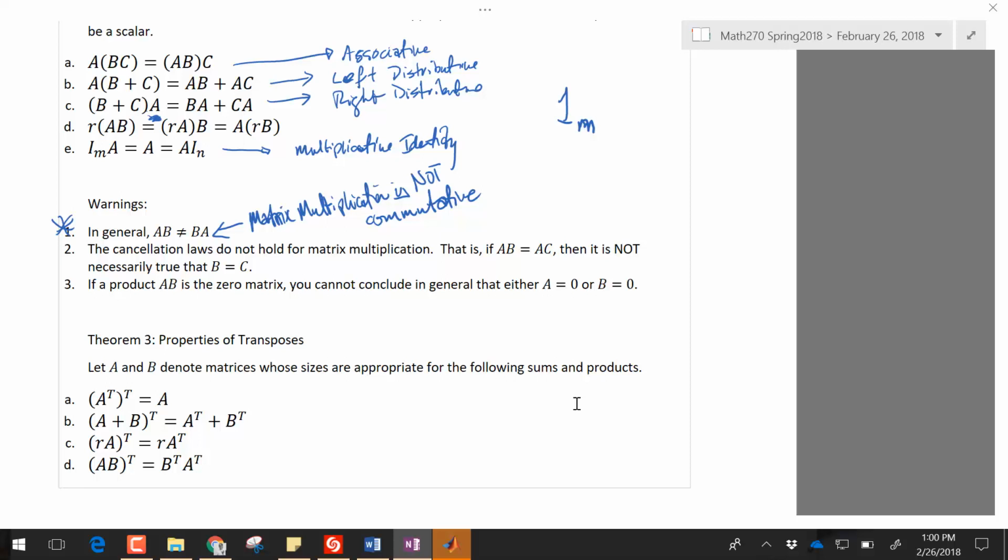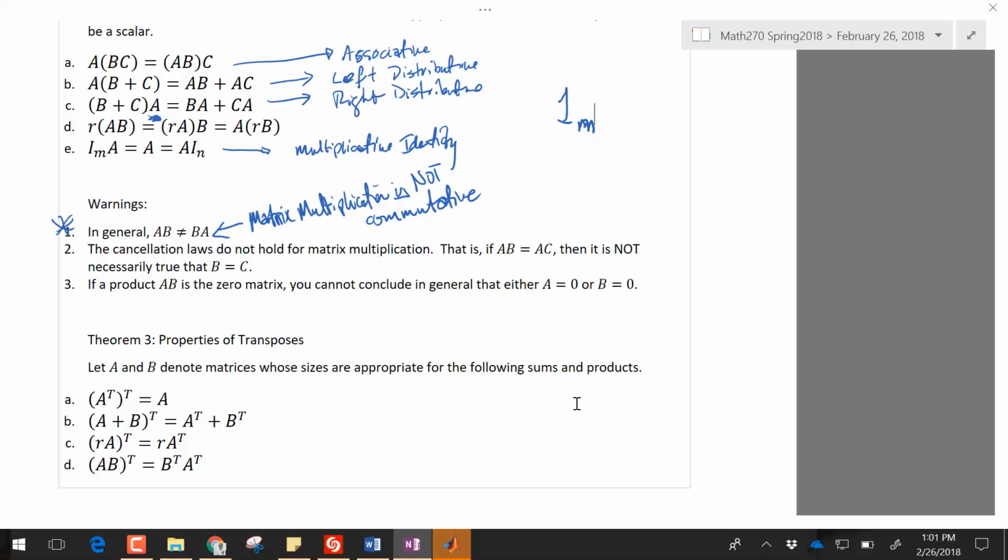The second one, I think it's not very obvious, but when you work it out, try it out with actual matrices or just your A, B, C, D matrix, it turns out that the transpose of a sum is the sum of the transposes. So doing the transpose first on each one and adding them is the same as adding them and doing the transpose to your result. That's an interesting idea.